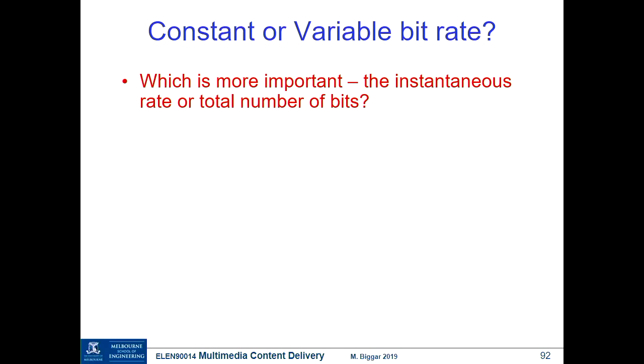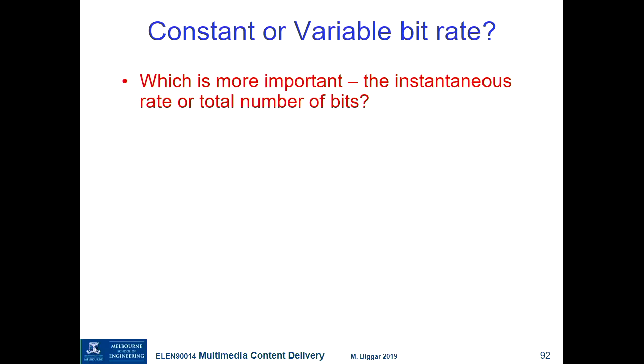The clue is it's not a network. Maybe it's DVD. A DVD is exactly right. So with a DVD, we have 4.7 gigabytes that we can store on this disk. There's a limit to how fast you can read it, but what's really important is how much you can get on this disk. And so if you can save on that total by allowing the rate to increase and decrease according to the content of the video, then you would do it, and indeed you do.